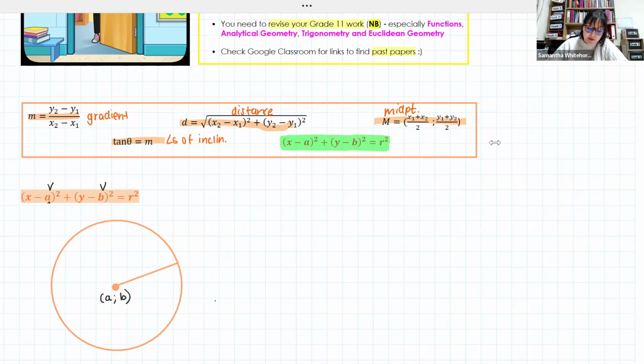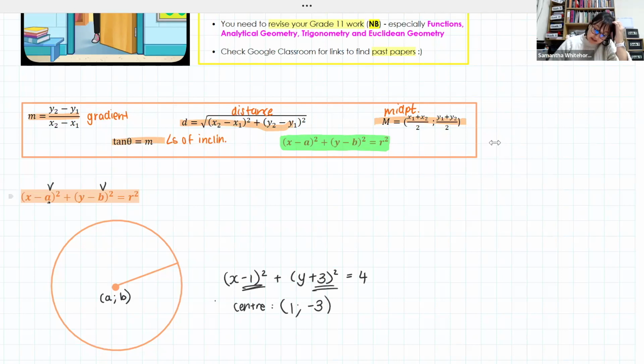So when you get given those brackets, if, for example, it was x minus 1 squared plus y plus 3 squared equals a radius, whatever that radius might be, and you were looking for your center, the signs are the opposite of what they are in the bracket. So it's positive 1, negative 3. It's counterintuitive, and that's because of the minus in front of them. So that's how we can find the center.